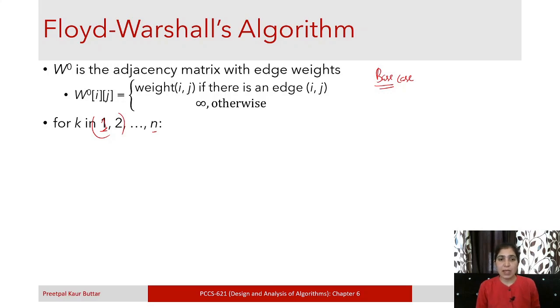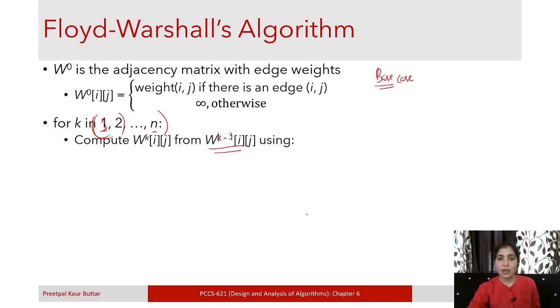When k is n, you are including the vertices from 1 to n. You will compute Wk at each iteration of the k loop, and it will be computed from the previous iteration, that is from Wk minus 1.